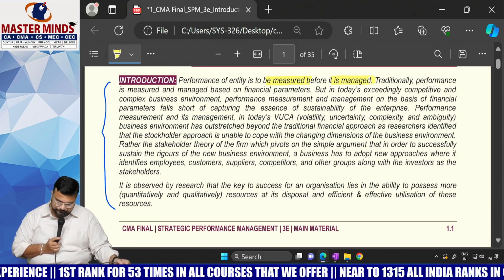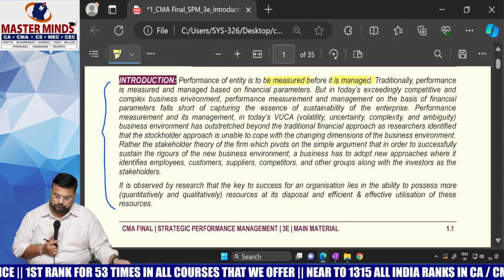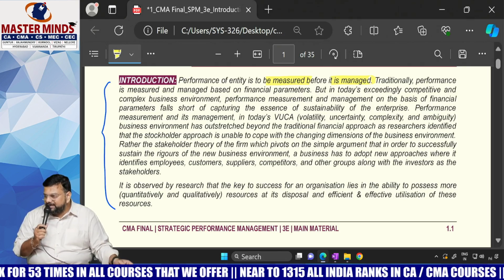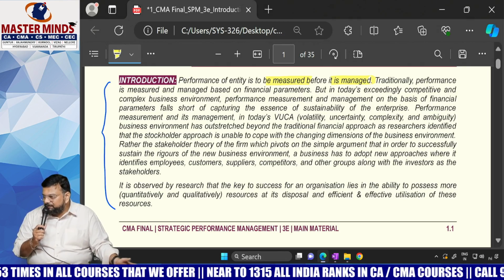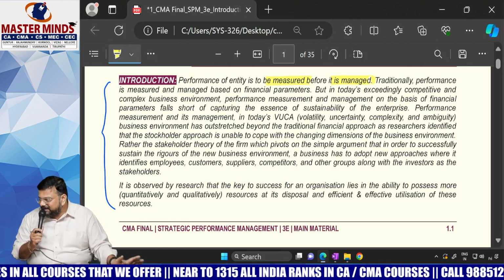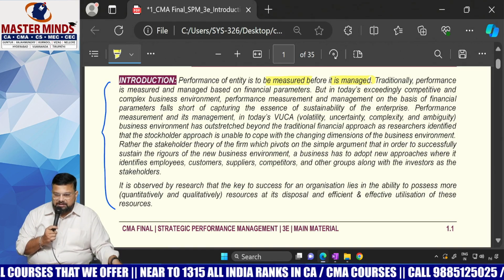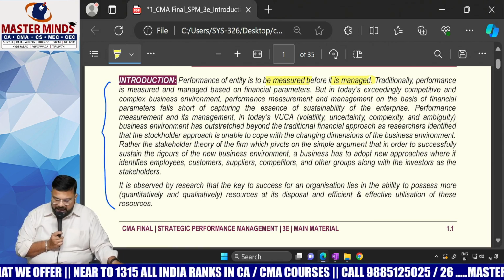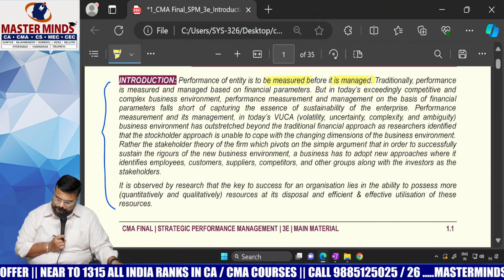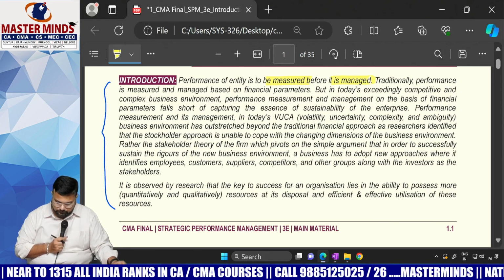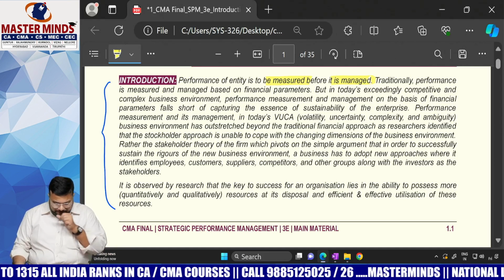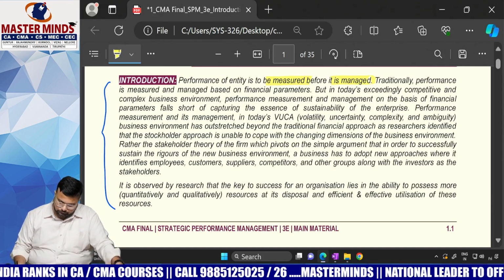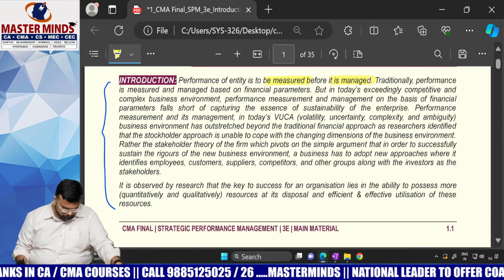Next, Nana. Traditionally, performance is measured and managed based on financial parameters. So whenever we talk about performance management, it simply meant financial management. That was the traditional meaning, but later on they changed it. But in today's exceedingly competitive and complex business environment, performance measurement and management on the basis of financial parameters falls short of capturing the essence of sustainability of the enterprise.